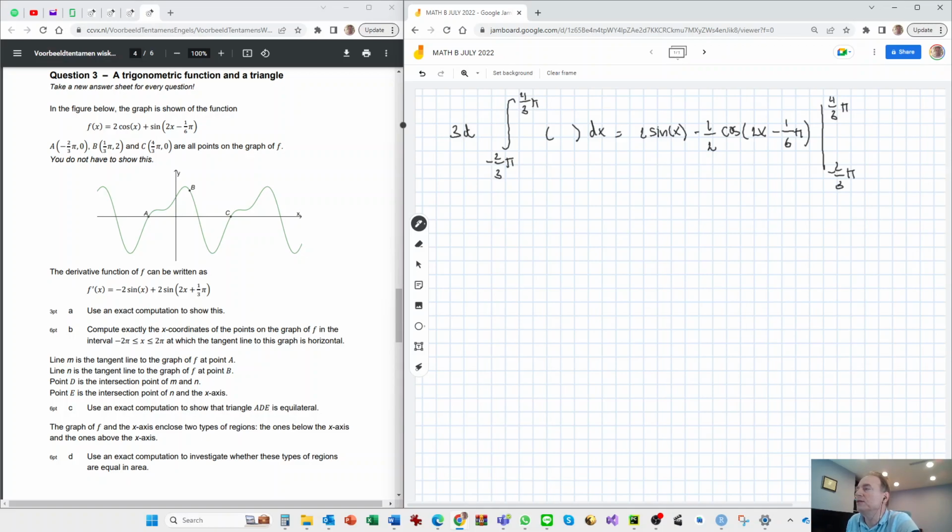If I take the derivative here, I get the negative sine of the inner function times 2. So I will get the plus, and get this function back here.